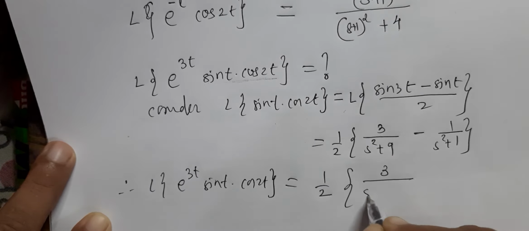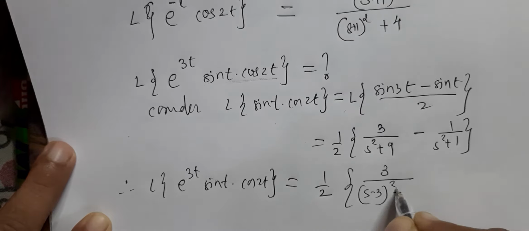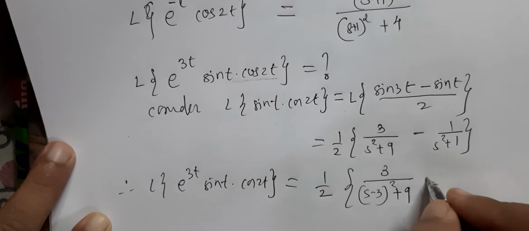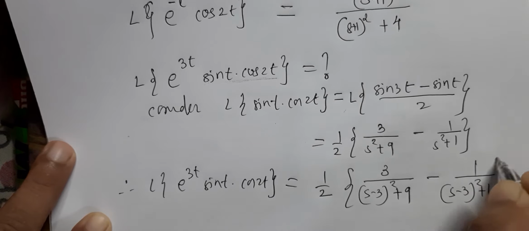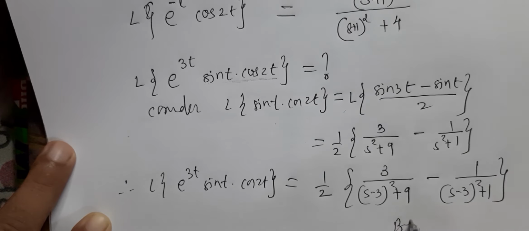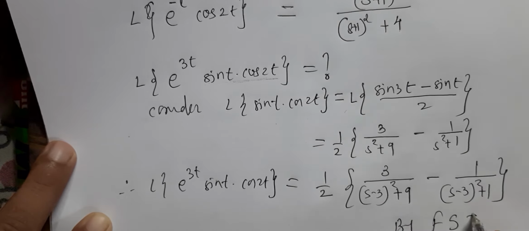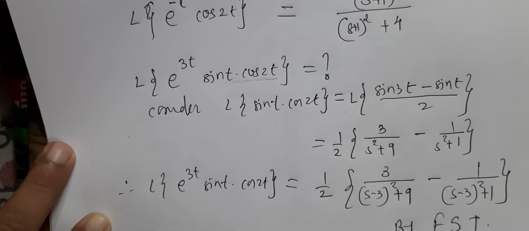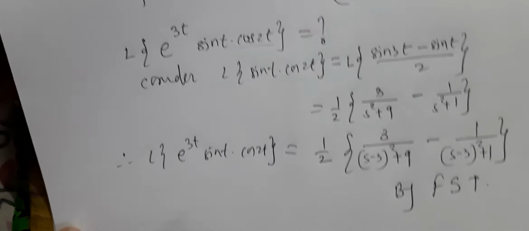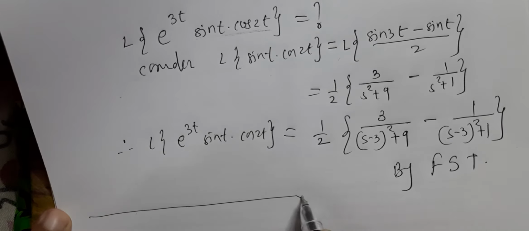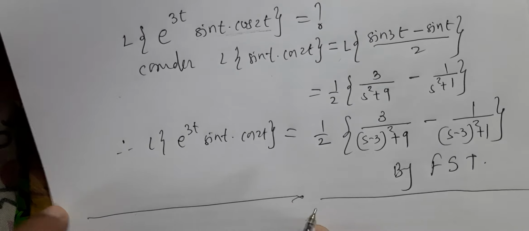So 3 upon s minus 3 square plus 9, minus 1 upon s minus 3 square plus 1. This is by first shift theorem. That's it. So this was first shift theorem, very important property.